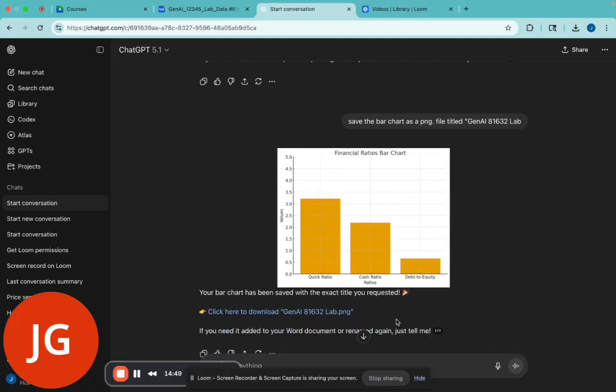Awesome. And now the ninth and final prompt. Now input all the prompts that you used in the Excel document titled GenAI 81632 Lab Prompts.